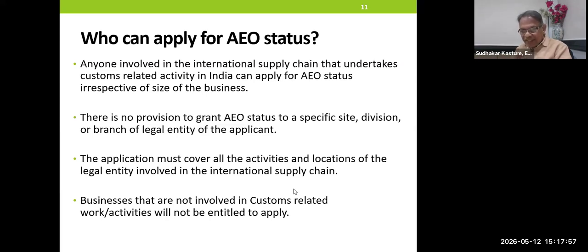The application must cover all the activities and locations of the legal entity involved in the international supply chain. Where your warehouse is, that site will also get covered. The port from which you export, where your factory is, where the export goods are made, all that. Businesses that are not involved in customs related work or activities will not be entitled to apply. A bank cannot apply for AEO status. An insurance company cannot apply for AEO status because their activity is not related to customs related work.